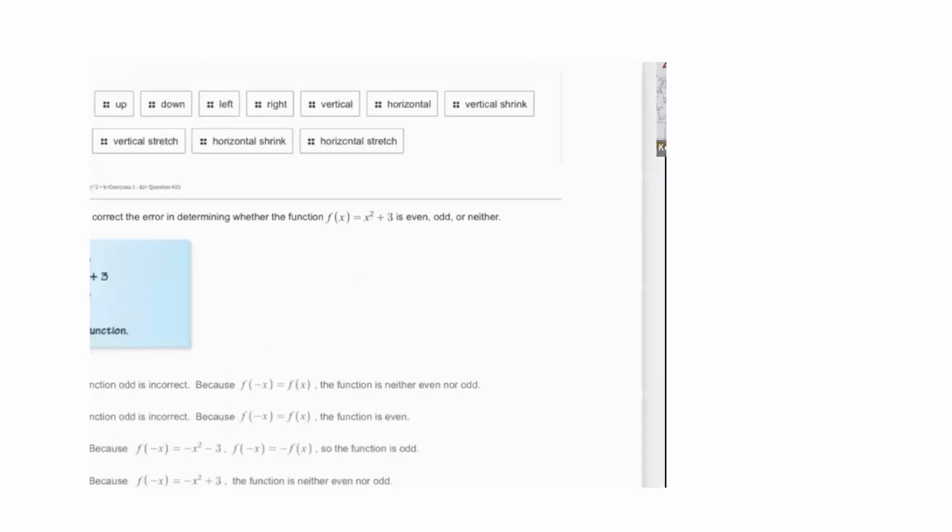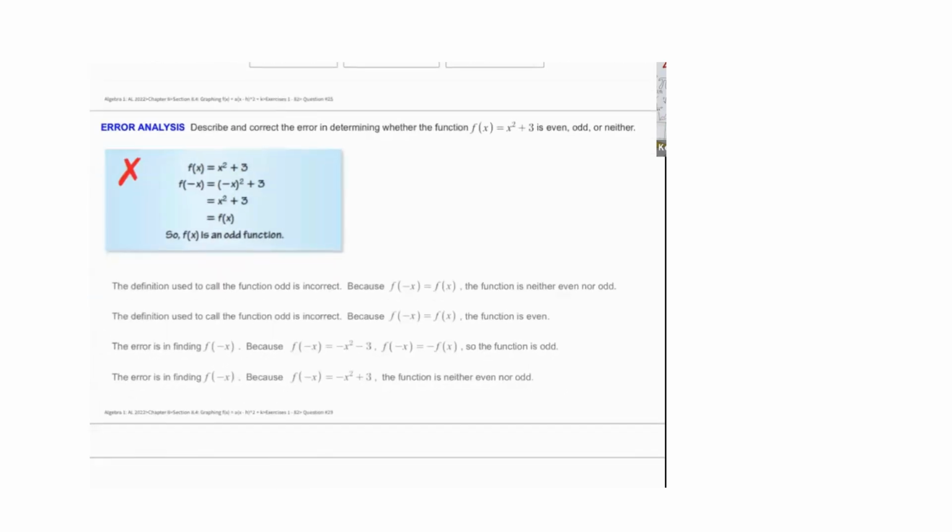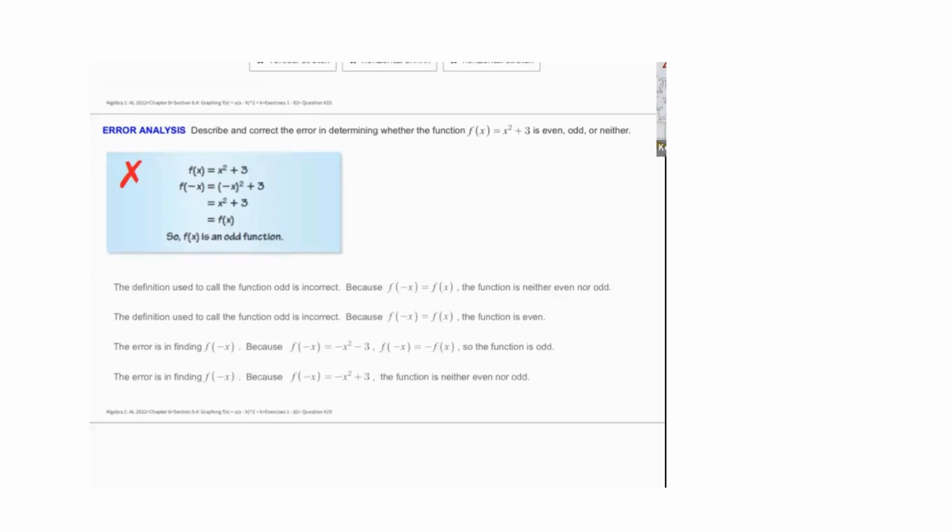This is an error analysis question. Describe and correct the error in determining whether the function f of x equals x squared plus 3 is even, odd, or neither. This person took f of x equals x squared plus 3, and then said f of negative x equals negative x in parentheses squared plus 3.